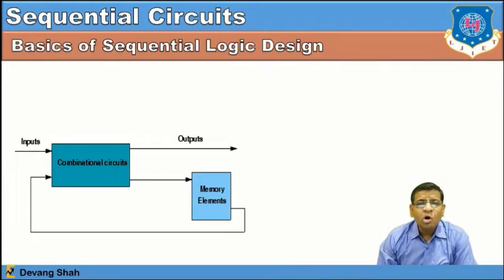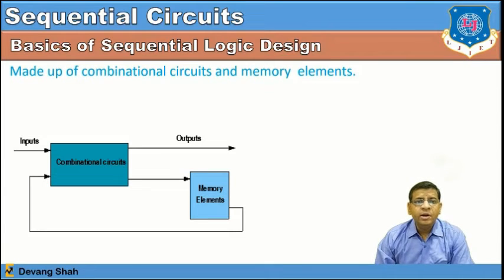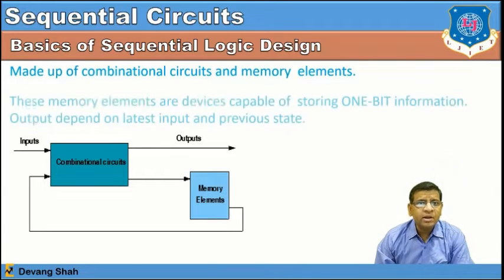So output bits are stored in a memory, and that would also participate in the next cycle, using those feedback bits as part of the input of the combinational circuit. So it is made up of combinational circuits and memory elements.